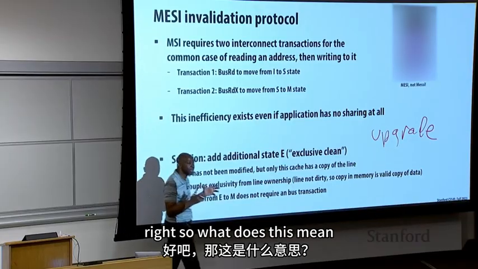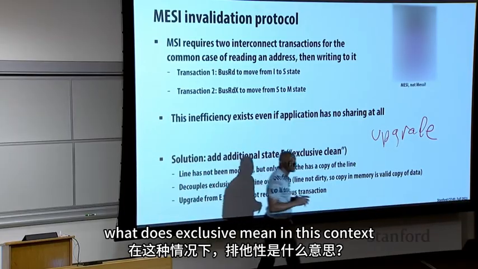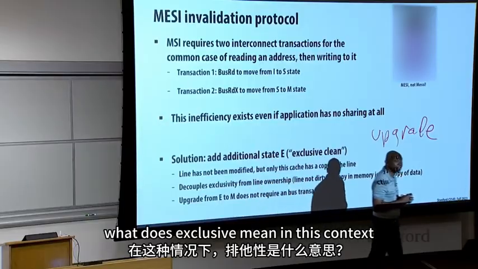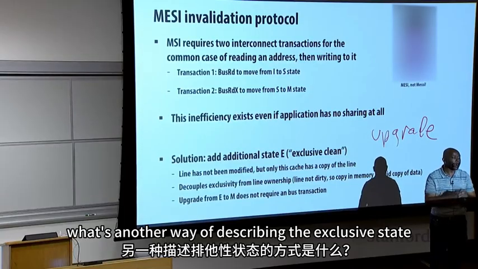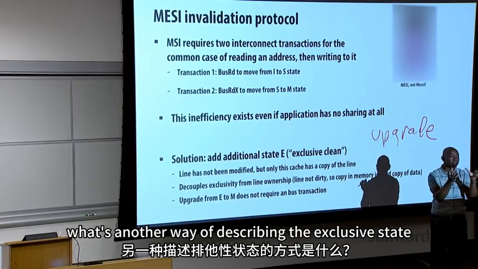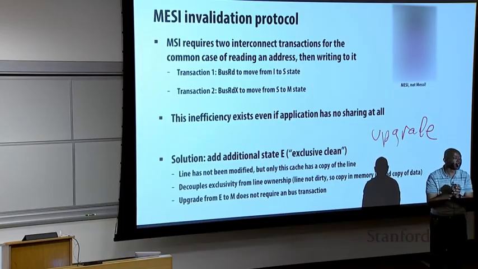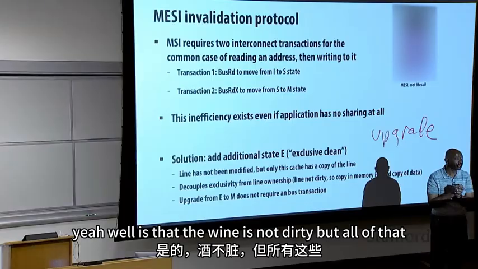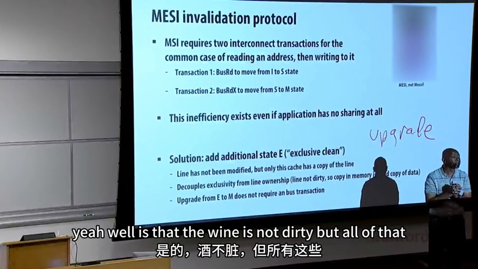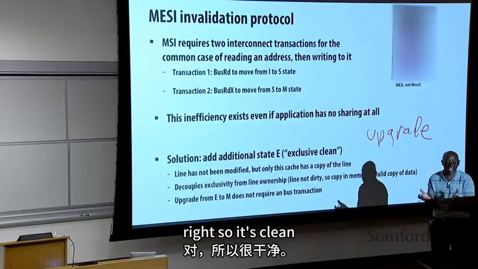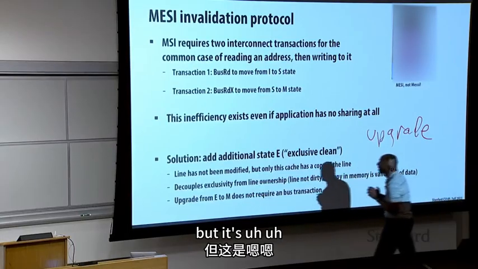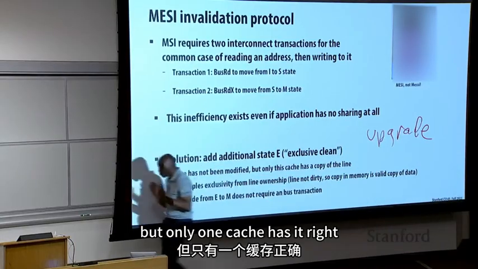So what does this mean? What does exclusive mean in this context? What's another way of describing the exclusive state? Well, it's just that the line is not dirty, but only that processor has it. Right, so it's clean exclusive. It's clean, but only one cache has it.